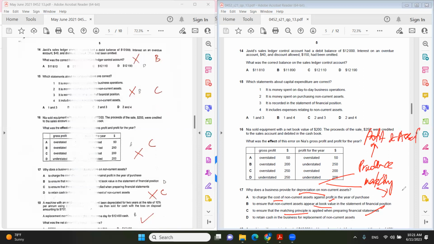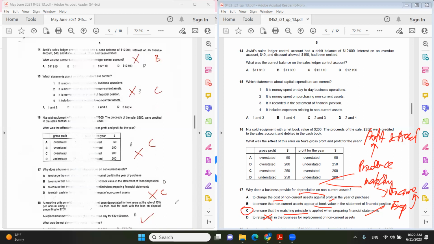Under matching, income and expenses are matched to each other, so the expenses incurred must reduce the income in order to get the accurate profit. To retain cash in the business is definitely not the purpose of depreciation. So the answer should be C.